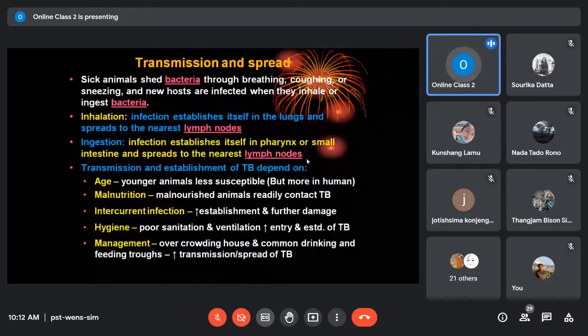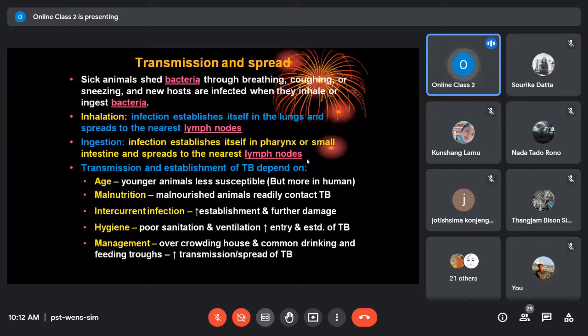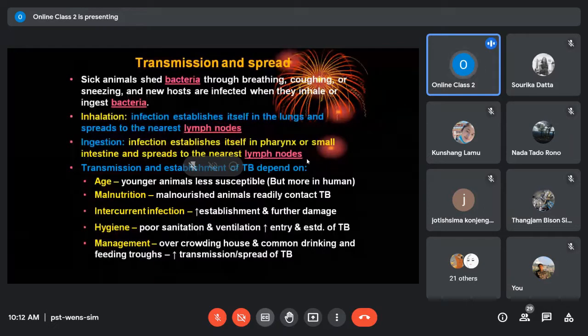So far as the transmission and spread of this disease is concerned, it is mainly from affected and sick animals, which excrete the bacterial organism through their breathing, coughing, or sneezing.